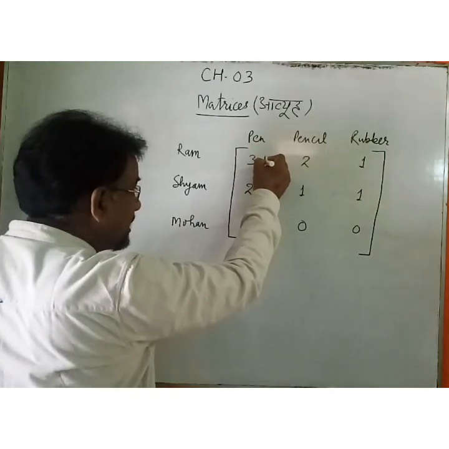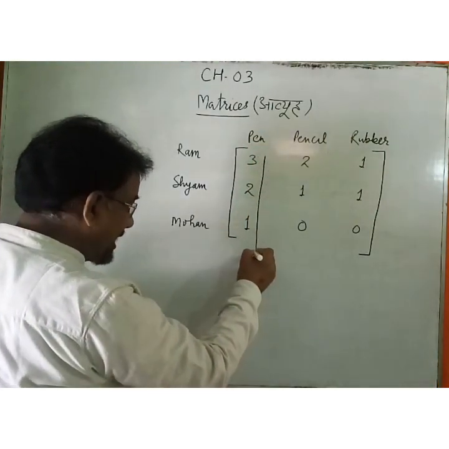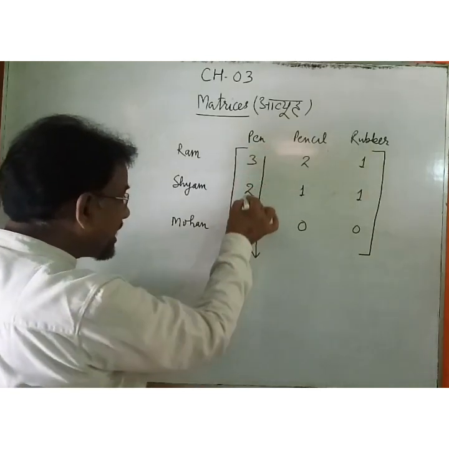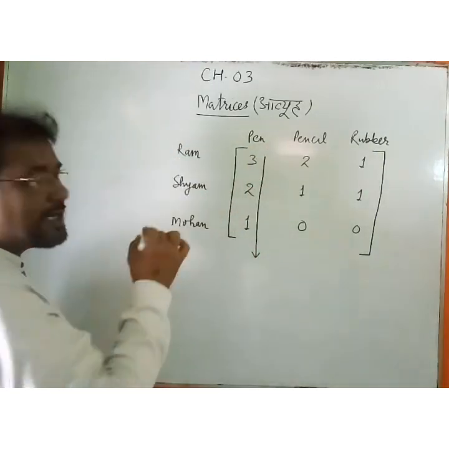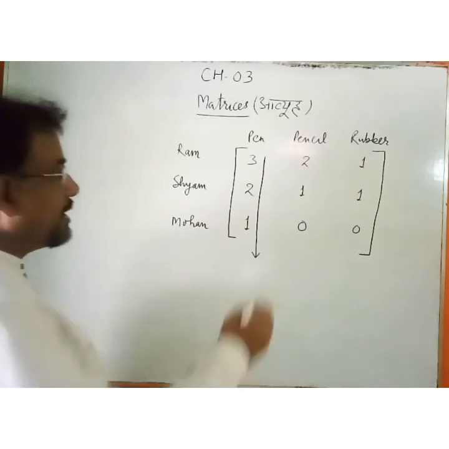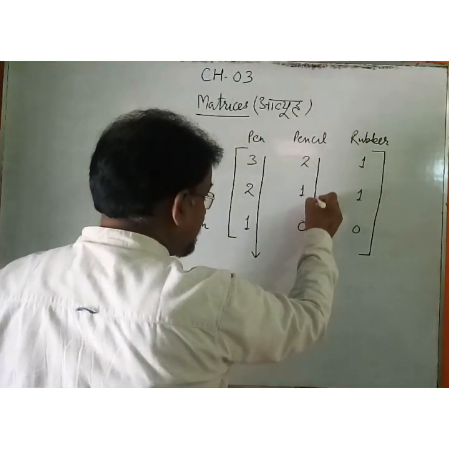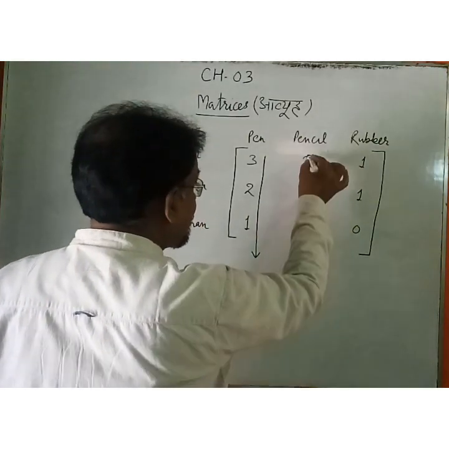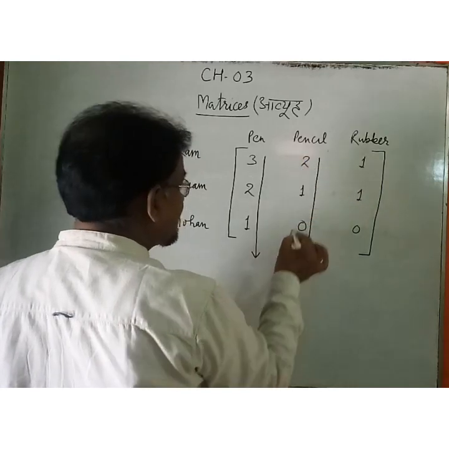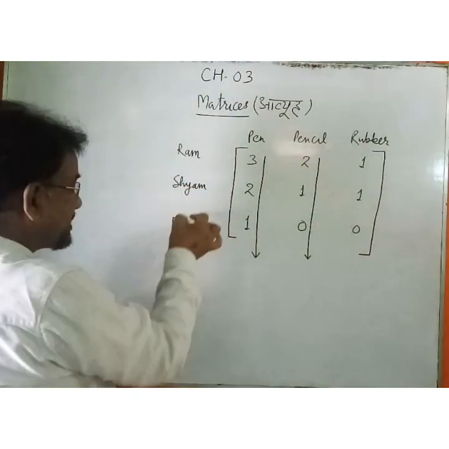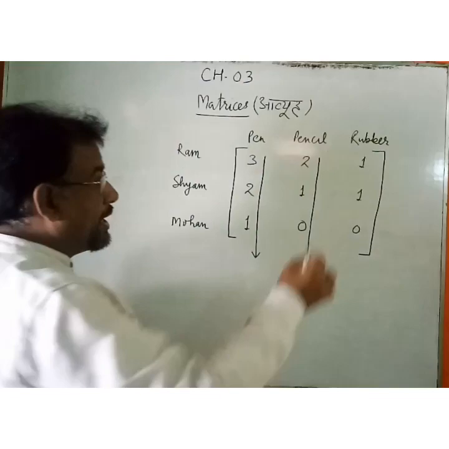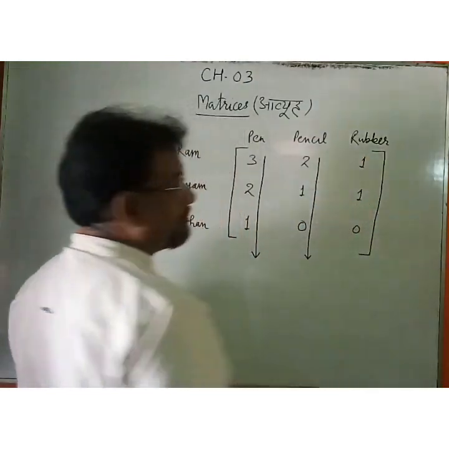First column, the vertical line, represents the number of pens that the three friends possess. Second column represents the numbers of pencils that Ram, Shyam and Mohan have. Third column represents the number of rubbers.